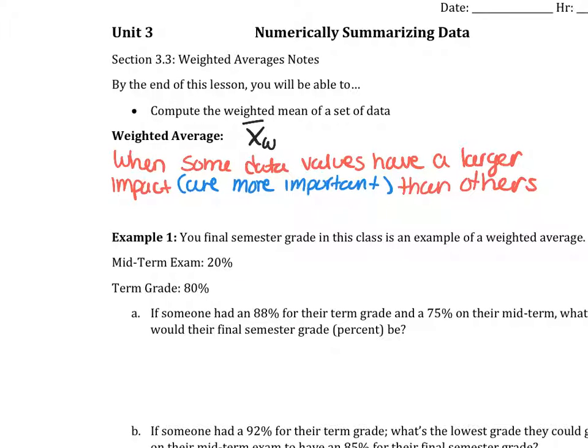Okay, so your grade is an example of a weighted average. Like we have our summative category is worth more towards your grade than the formative category, because the summative stuff is more important than the formative stuff.